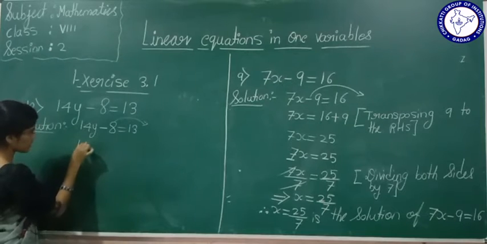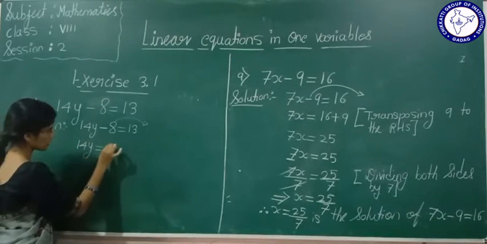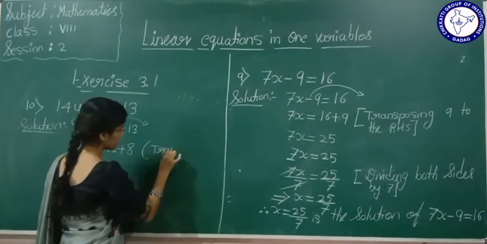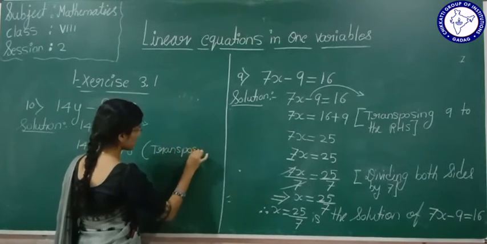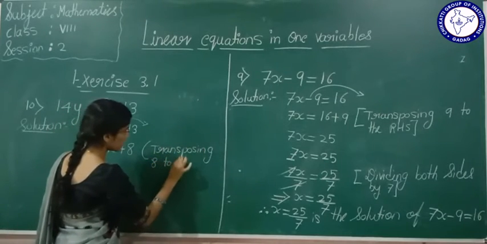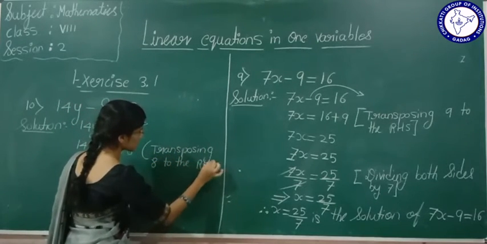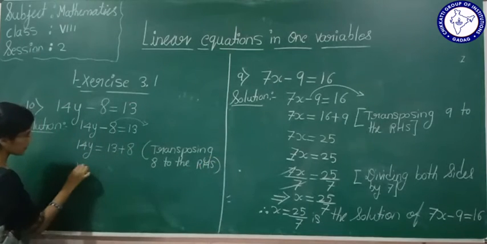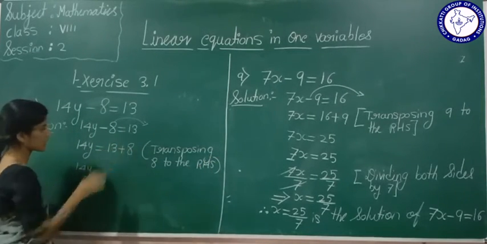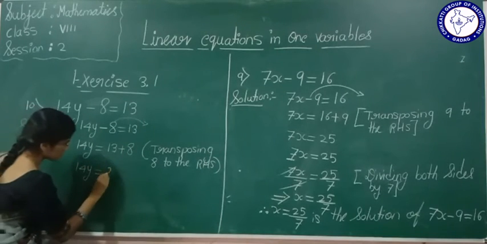Okay, that will become 14y is equal to 13 plus 8. What do you write? Transposing 8 to the RHS. Okay, 14y, 13 plus 8 is 21.